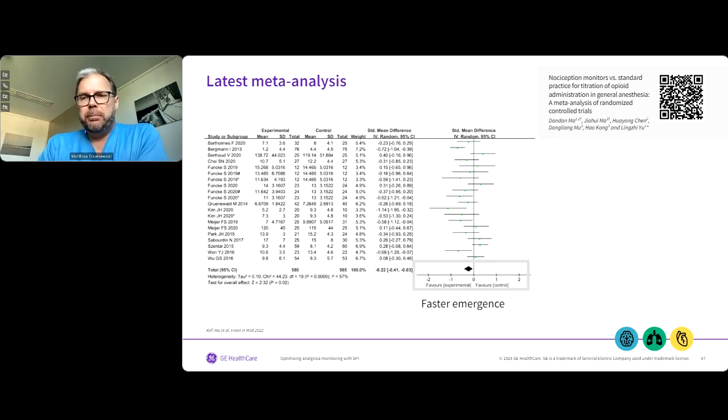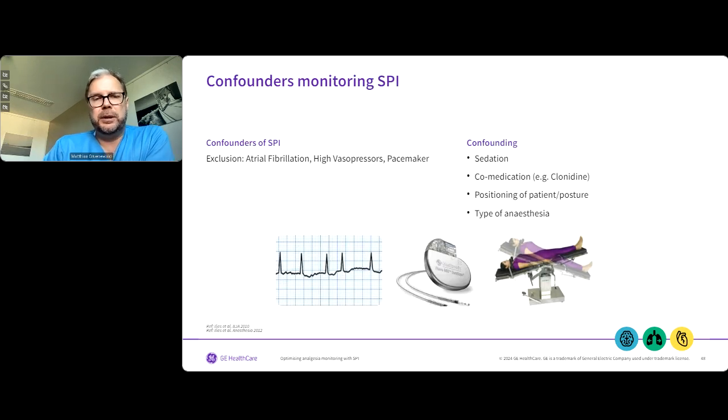This sounds all very positive, but I have to tell you that there are certain confounders that have to be taken into account when using those, especially the Surgical Pleth Index, because it is a value that has been derived by cardiovascular effect. I explained to you the heartbeat interval and the pulse amplitude. This parameter may be influenced and is not feasible to use in patients with atrial fibrillations, high vasopressors, or pacemakers in place.